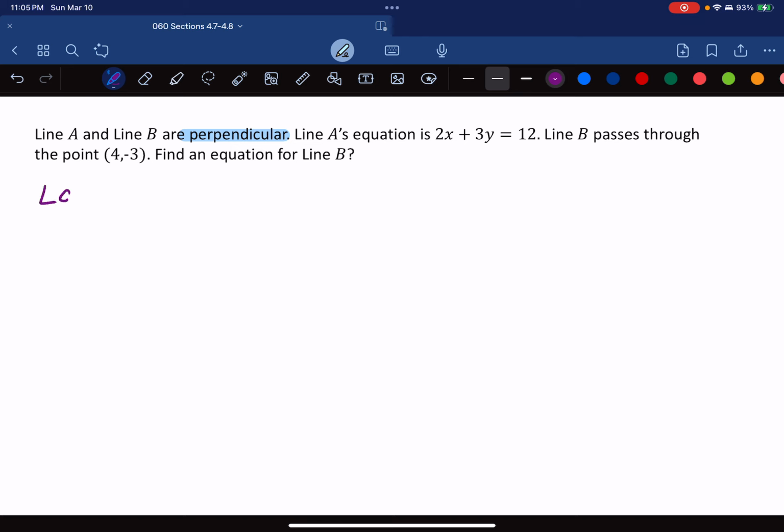So let's look and see if we can find the slope for line A. We have 2x plus 3y equals 12. And if we write this into slope-intercept form by isolating our y variable, we will have our slope.